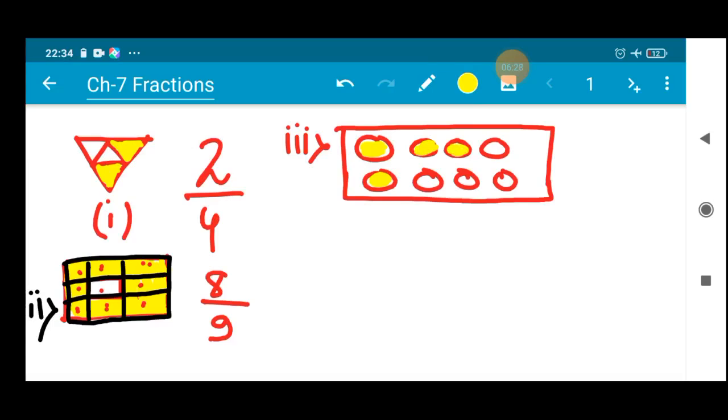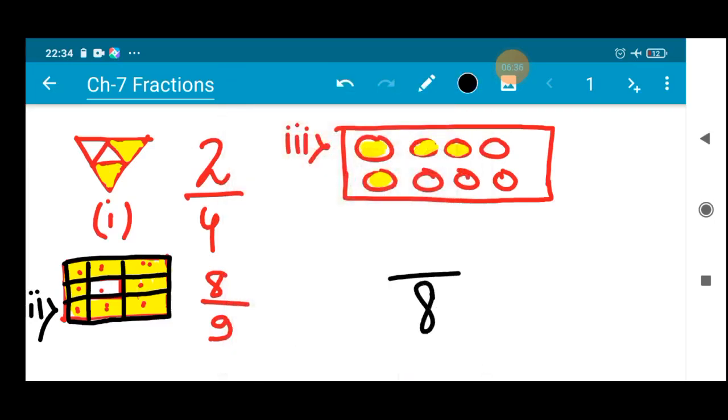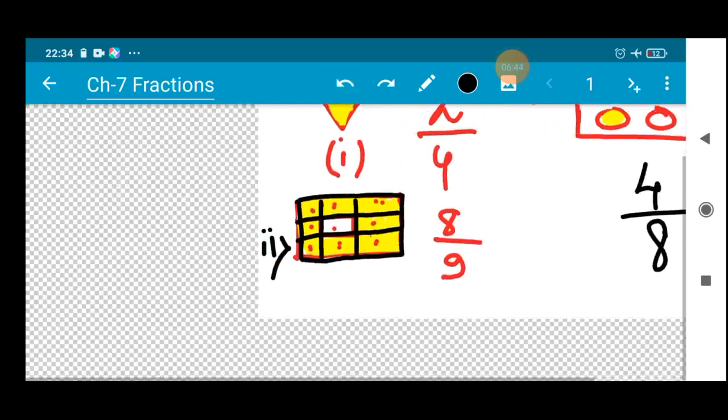So what is the number of parts here? The number of parts is 1, 2, 3, 4, 5, 6, 7, 8. And out of 8, 4 parts are covered with the yellow shaded region, right? So this will be representing 4 by 8.